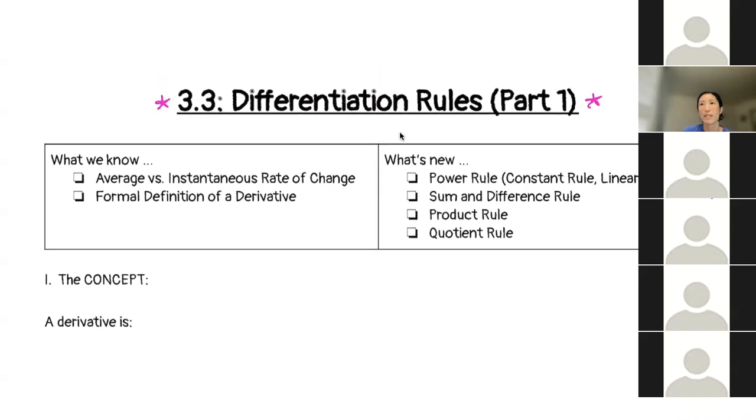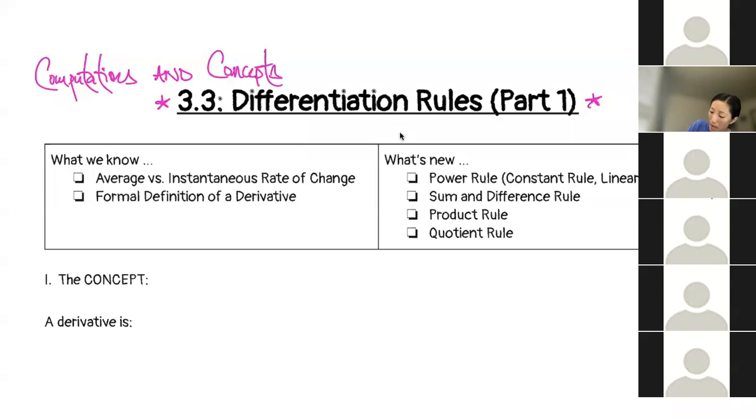I know we've been focusing a lot on concepts and not so much on computation. And I will say that in 3.3 computations are important. Computations have to be accurate, and the concepts that we're going to be learning are also going to be important.